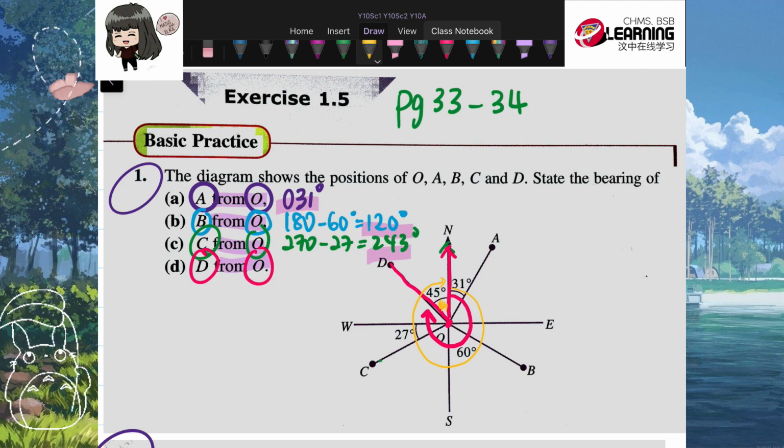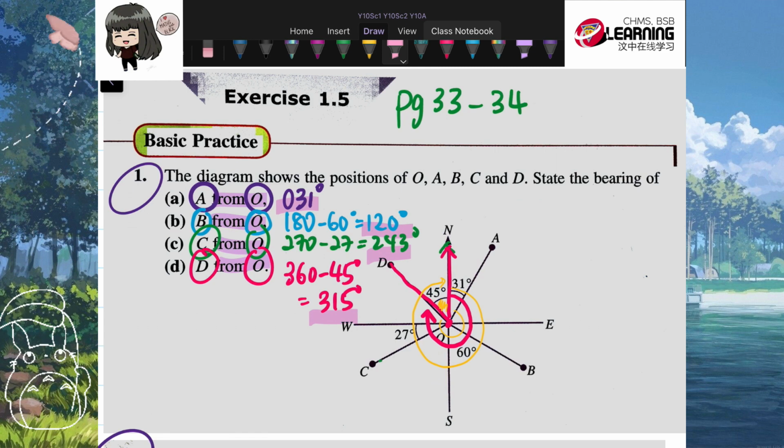You minus off this 45, you will get this. So 360 minus 45, you get 315 degrees. So from here you need to know that you have to know your angle, your basic foundation of angles to do bearing.